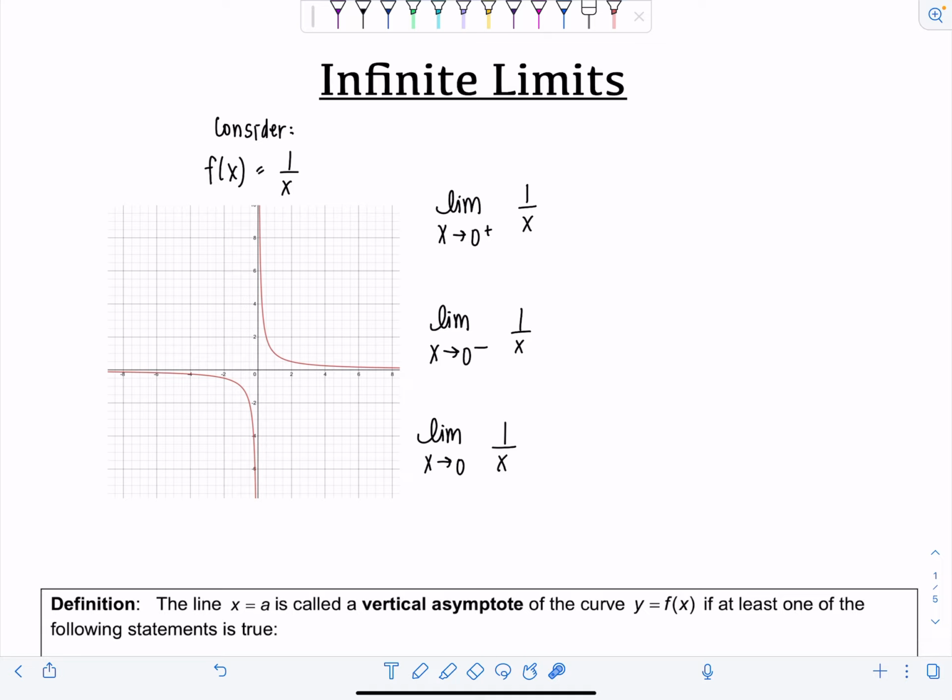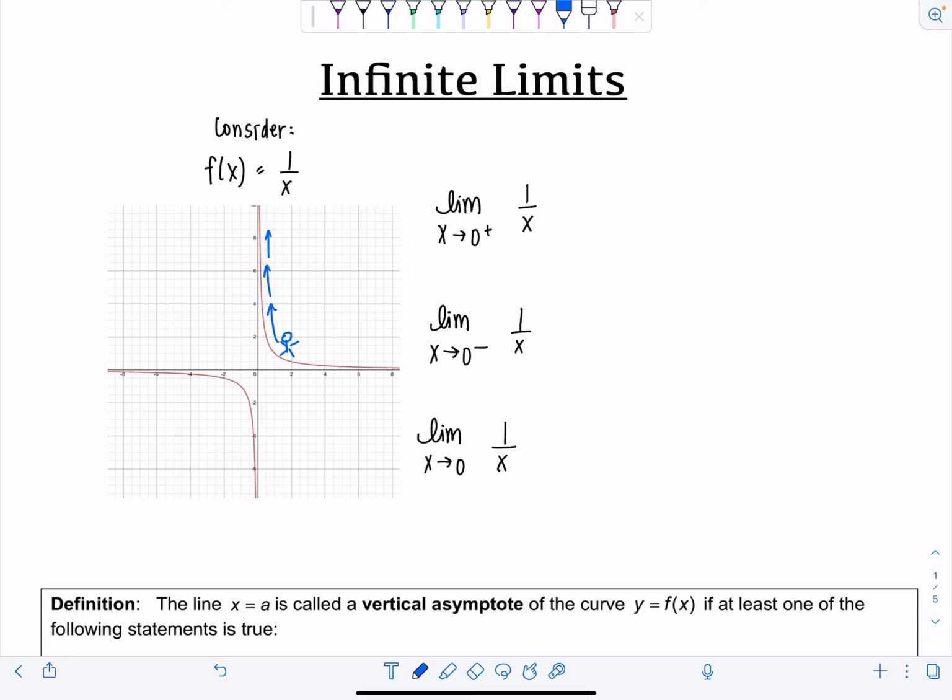The first one is the limit as x approaches 0 from the right of 1 over x. So when we're approaching 0 from the right, just imagine that you're walking on the graph on the right side of 0 and you're getting closer and closer to x equals 0. So the limit we can observe is wherever the function is heading.